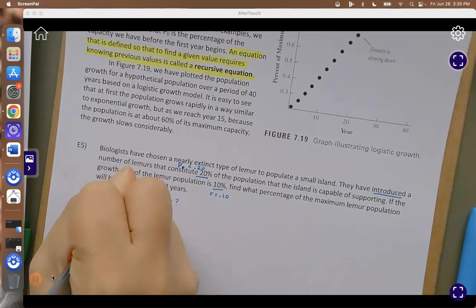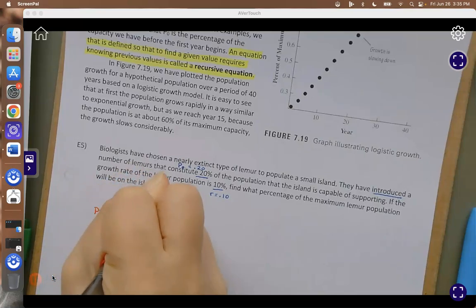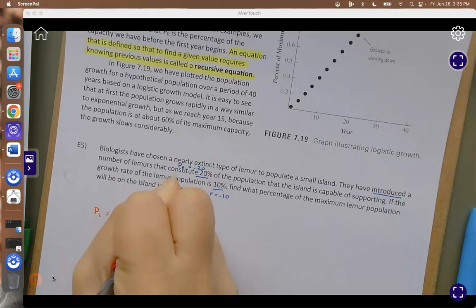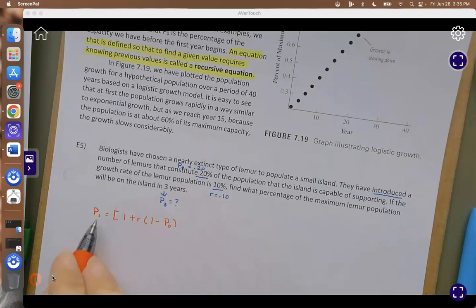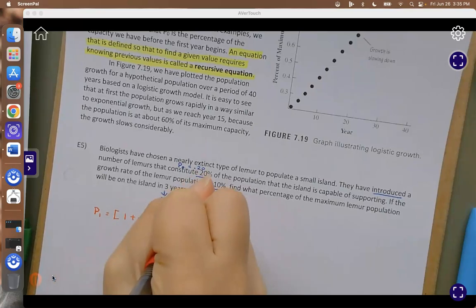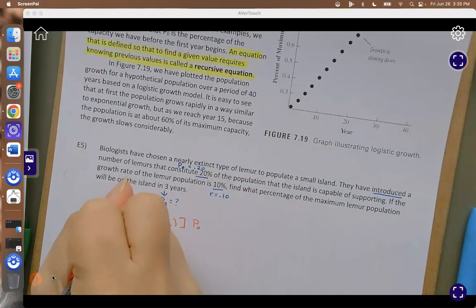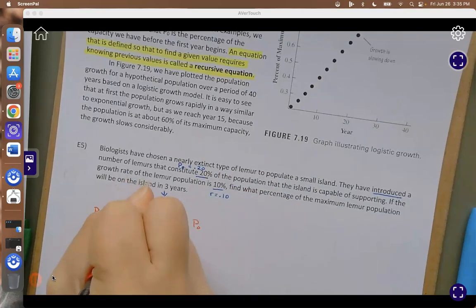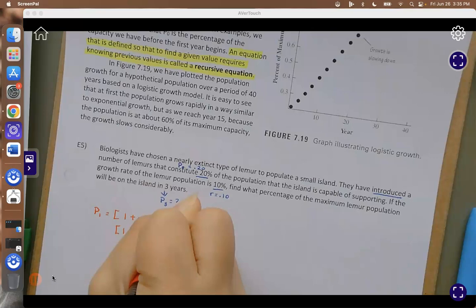So the P of 1 formula is 1 plus R times 1 minus P of 0, because you always do the 1 before it, okay, times P of 0. So we have here 1 plus 0.10, open parentheses, 1 minus 0.2, times 0.2.